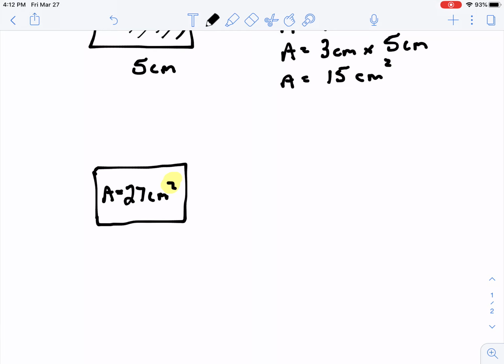Okay, so again, if I know that and I know that this is 3 centimeters, the question might be, well, what's my width? I might give a statement like calculate the width.